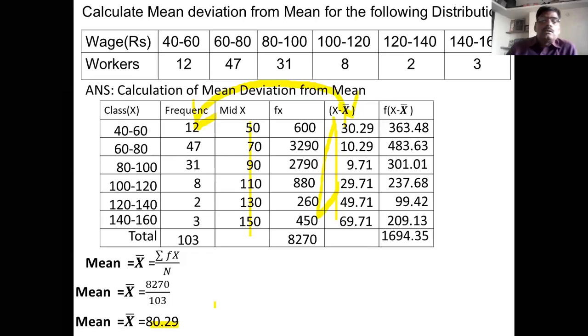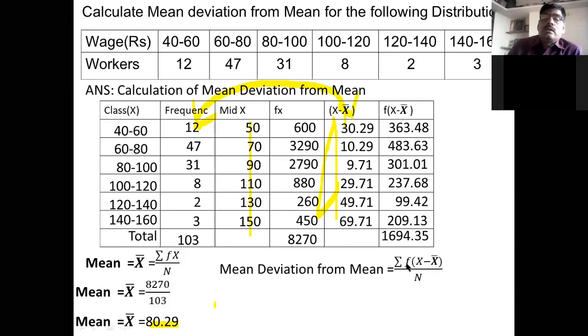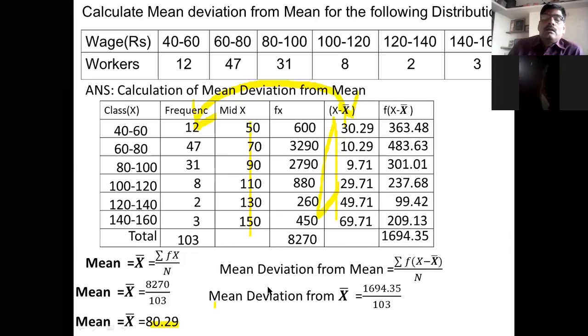So the total is 1694.35. This is the total. Okay. Now you write the mean deviation equation. Mean deviation is equal to summation f into the bracket x minus x bar divided by n, is equal to 1694, this total.